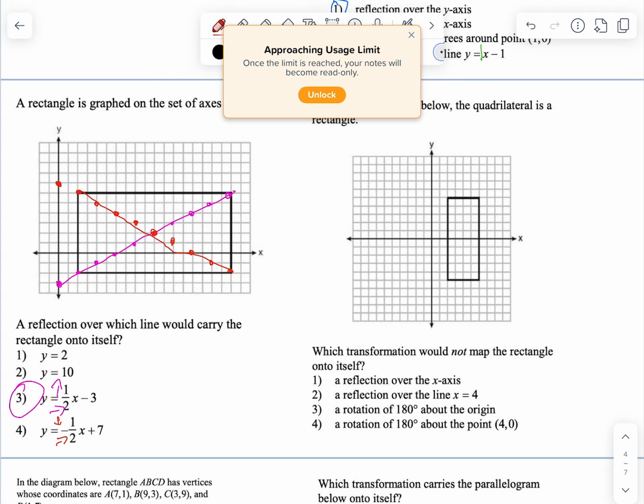That looks like it would work too. Yeah, both of these are lines of symmetry. So there's two answers that would work here. These would both work.